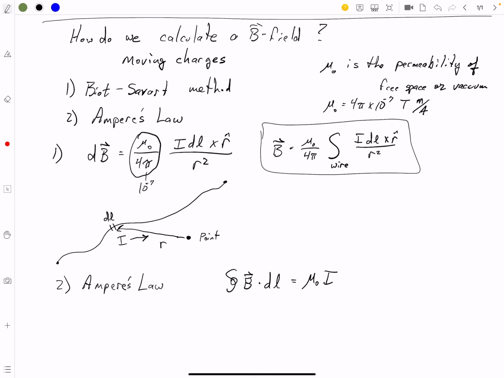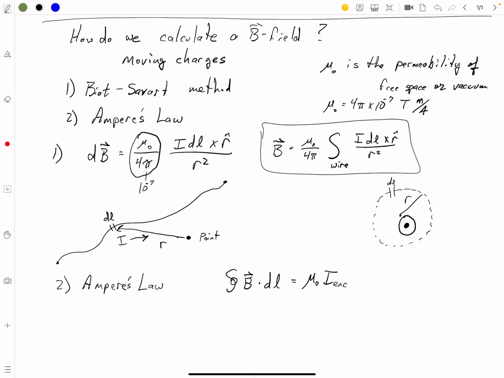So let's say we've got a wire and the current is flowing straight at us, okay? And we do our closed loop in a complete circle, radius r, and we go all the way around that circle, dl. And inside that loop is this current. So we've got an easy situation.